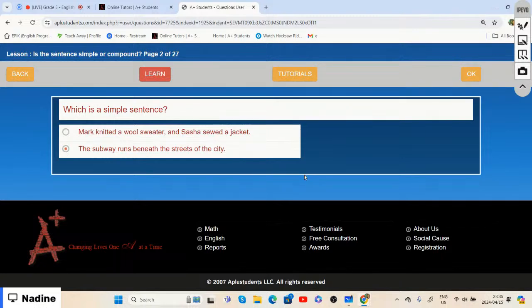Which means that we have only one subject and only one predicate within that simple sentence.